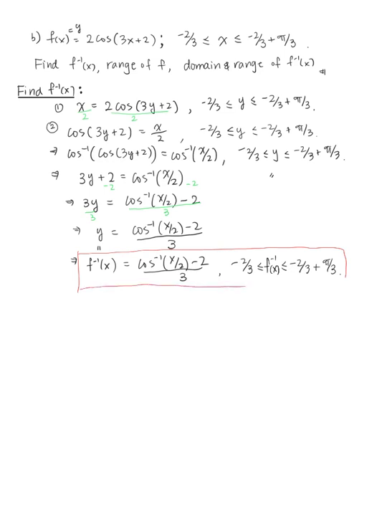Okay, so looks like we have the range of f inverse of x. This is going to be our range of f inverse, which is the same thing as negative 2/3 comma negative 2/3 plus pi over 3.